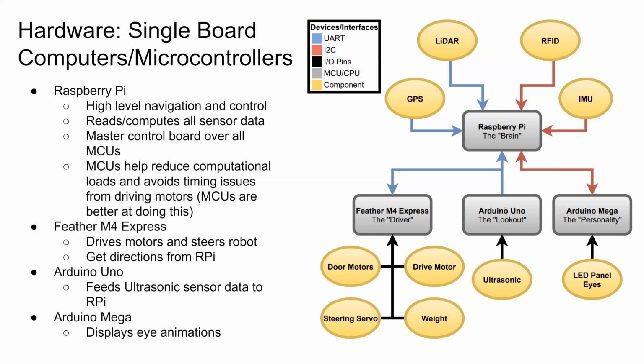And so we added this Uno just to interface to that, and then it would just feed the sensor data to the Raspberry Pi. And then we also had an Arduino Mega, which would just display eye animations on LED panels.